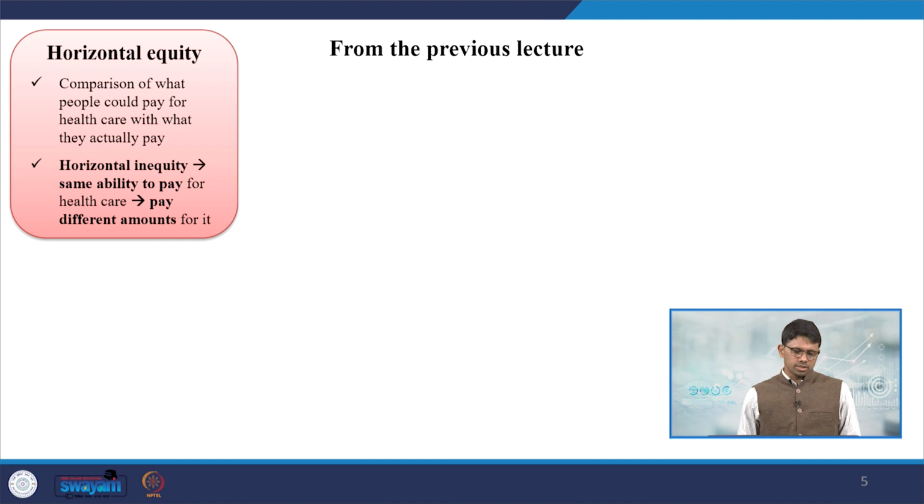We started discussing horizontal equity, where we discussed ability to pay for health care, and where we mentioned that people pay different amounts for it if they have the same ability.